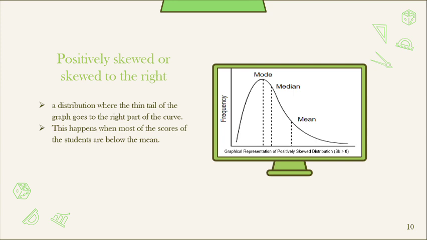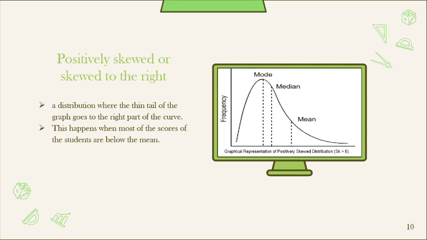The positively skewed or skewed to the right is a distribution where the thin tail of the graph goes to the right part of the curve. Makikita nyo dito sa ating graph, ang tail niya, yung pinakamababa na part, is nasa right side ng mean. And this happens when most of the scores of the students are below the mean.